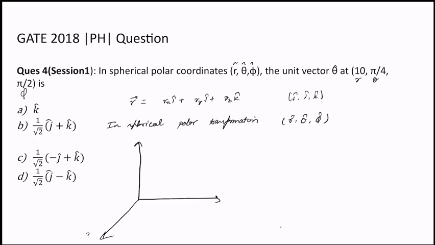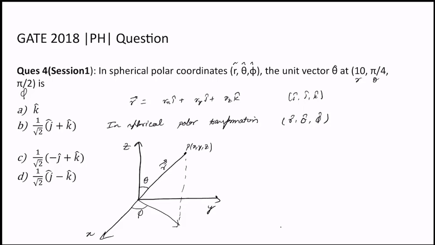you have this 3D Cartesian system x, y, z, and you have any vector which is lying in this three-dimensional plane, and it is defined by this position vector r. Then this angle is theta, and the projection of this point in this x y plane is this, and the angle made by this projection with the x-axis is phi.